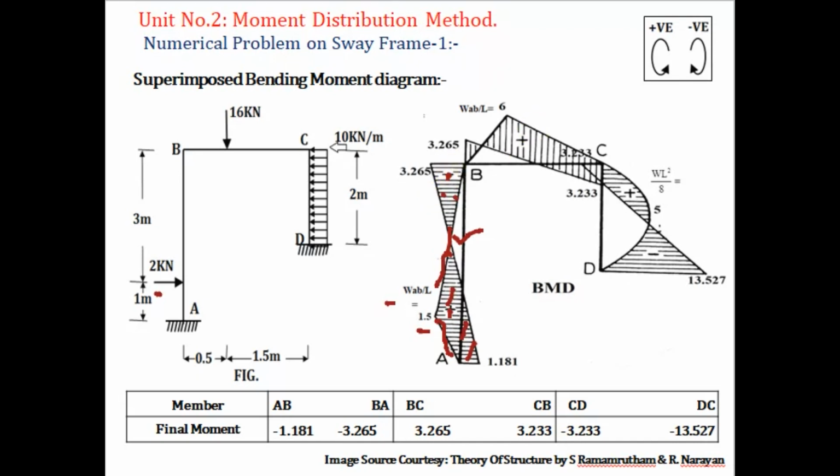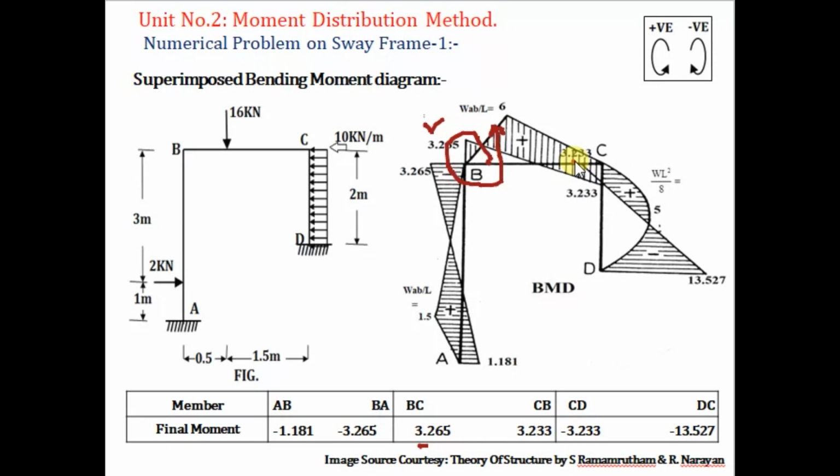Now next, draw for the beam BC. So for beam BC, the moment is 3.265. So keep your pen close to B and rotate in an anti-clockwise direction about the B. After one complete rotation, the arrow coming up, so show this end moment up. Then for CB, again keep pen close to C over the member and rotate about the C in the positive sign.